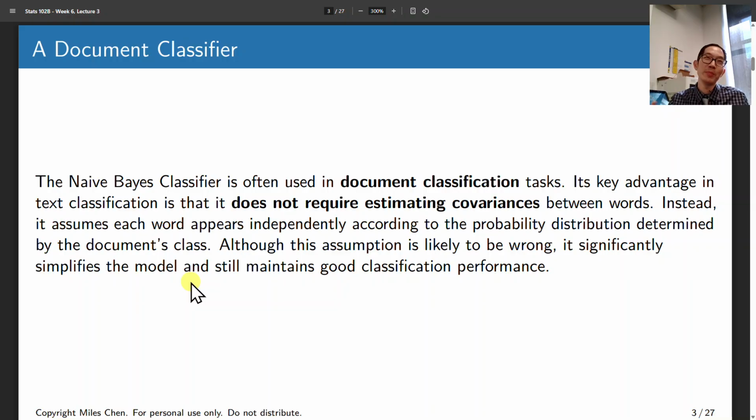So we imagine there are covariances between words, but as far as document classification goes, the input space is huge, right? You might have 50,000 words in your vocabulary, and now you have to estimate covariances between all 50,000 words, okay?